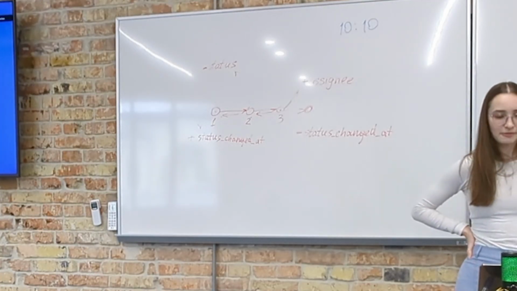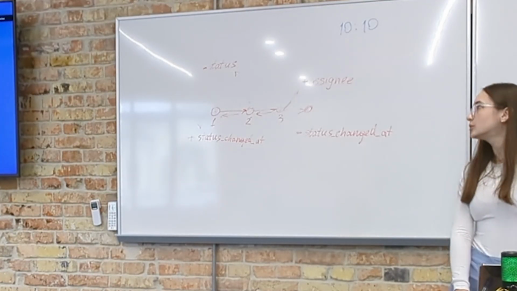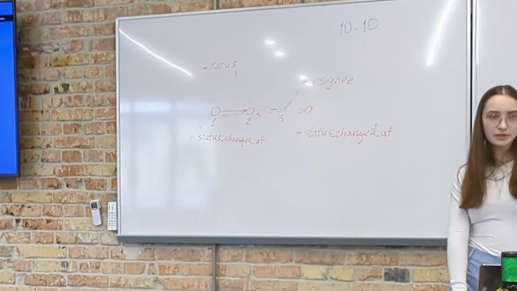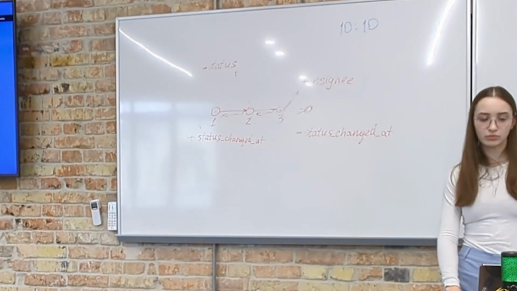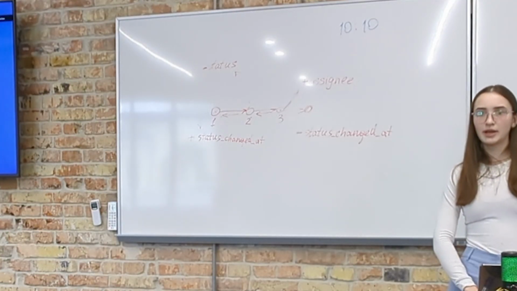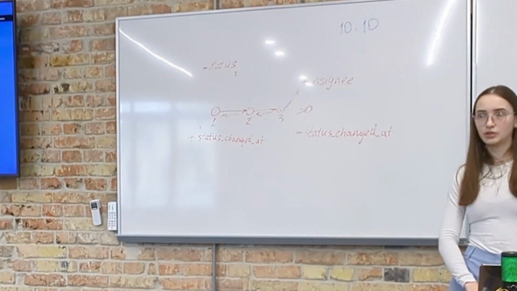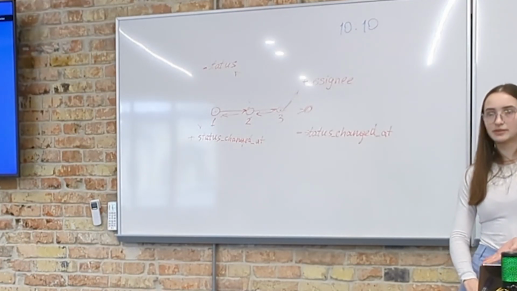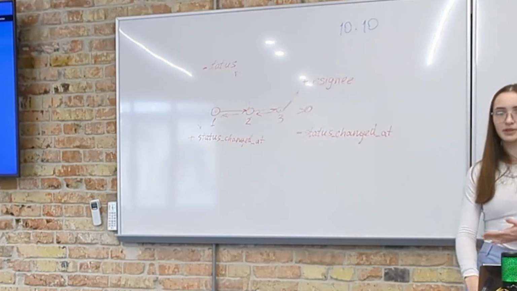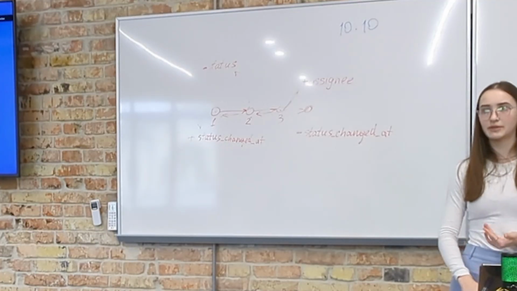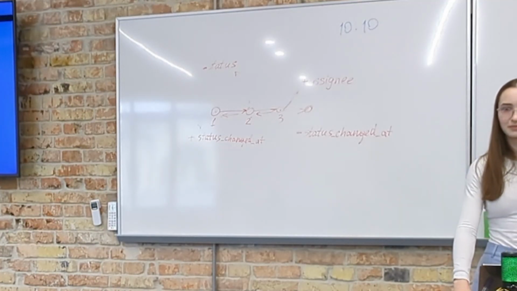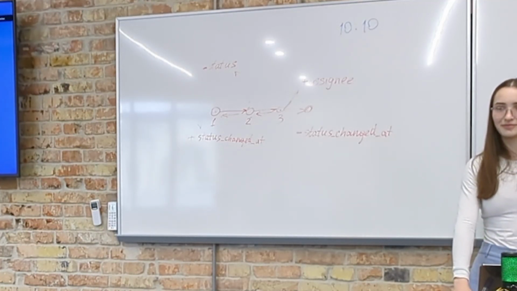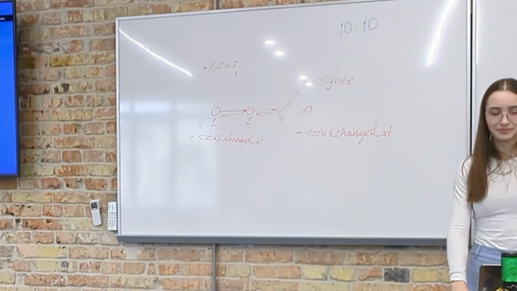Then what we have, for example, is some field that should have a default value. I suppose you have already done that in your SQL database, specifying that some field has a default value. Has someone tried? I think at some point maybe.